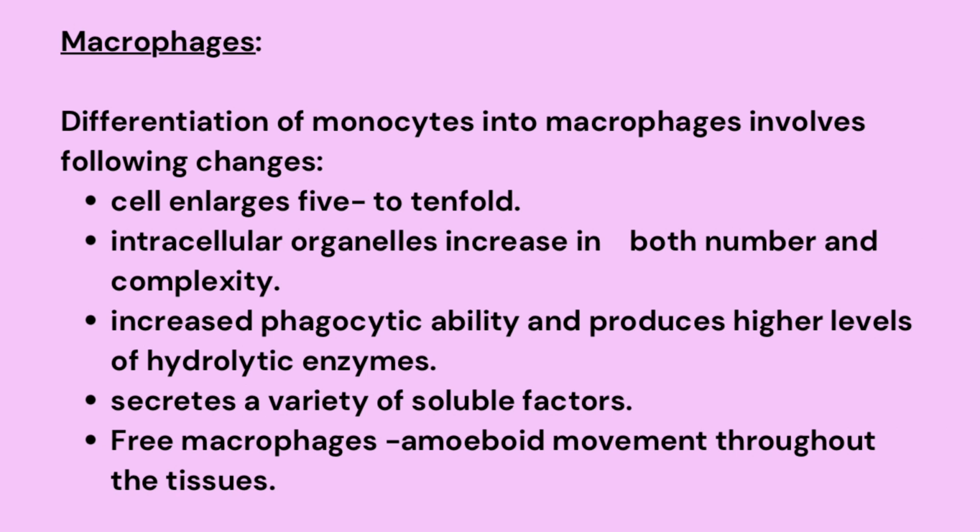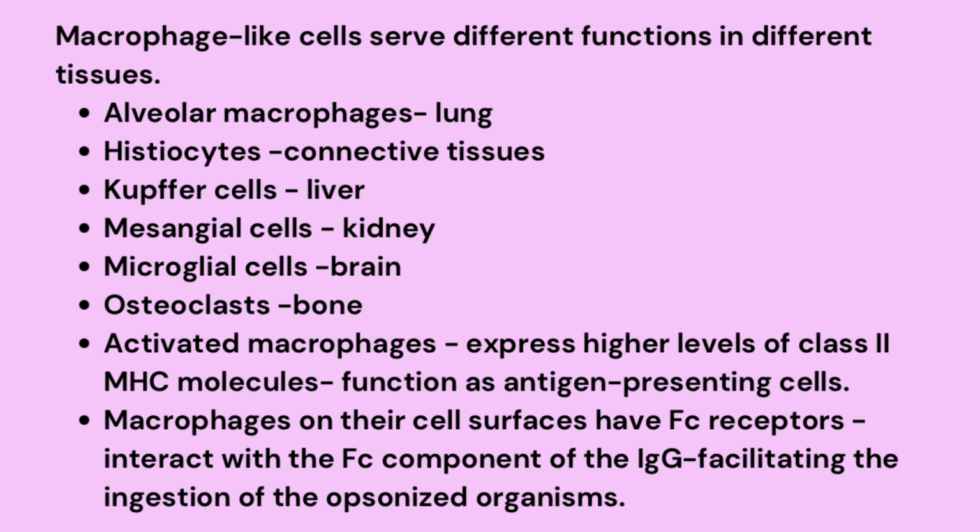What is phagocytosis? That is the ability of certain cells like macrophages to engulf and digest particles such as bacteria or debris. They also produce higher levels of hydrolytic enzymes and secrete a variety of soluble factors. Free macrophages travel by amoeboid movement throughout the tissues.